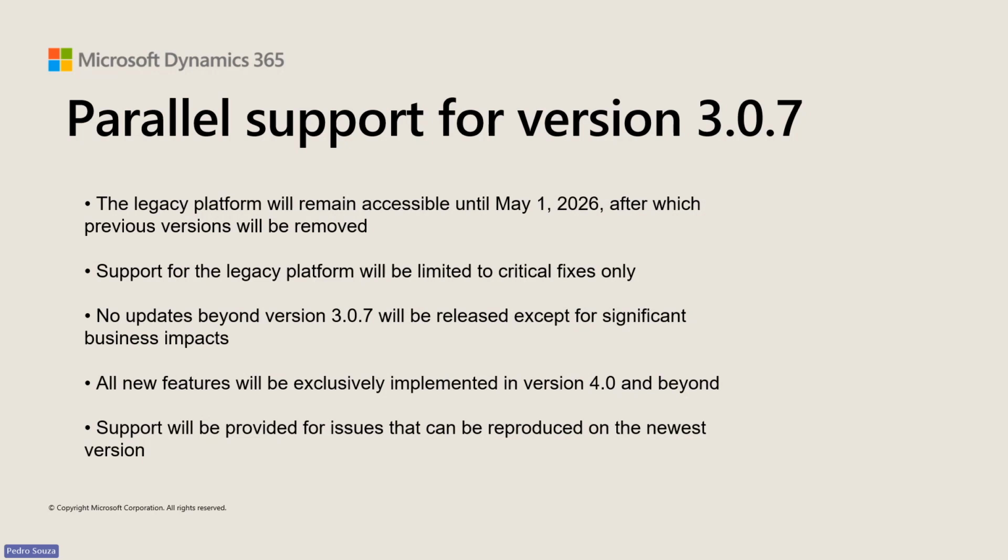All new features will only be implemented for version 4. All the new things are only available in 4. So all the amazing work that Martin did is only going to be there. Support will help, of course, if you have an emergency and we consider that it only happened because of some bug in the code, then we'll have a look, but that will be a special case analysis.